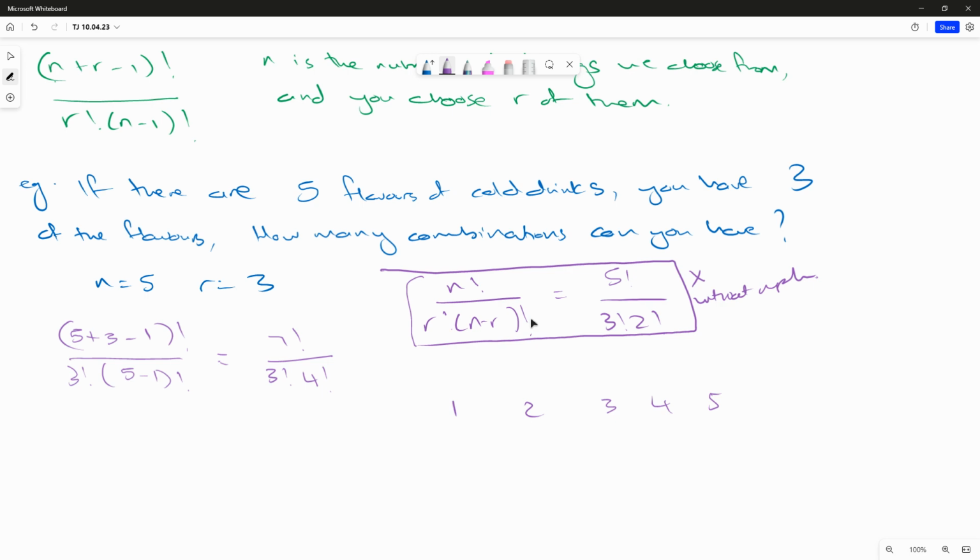So what you notice here is that we're actually increasing the 5 to 7, and then we're repeating that same process where our r has stayed 3, and we then subtract from 7 to get 4. But why would we take 5 plus 3 minus 1?